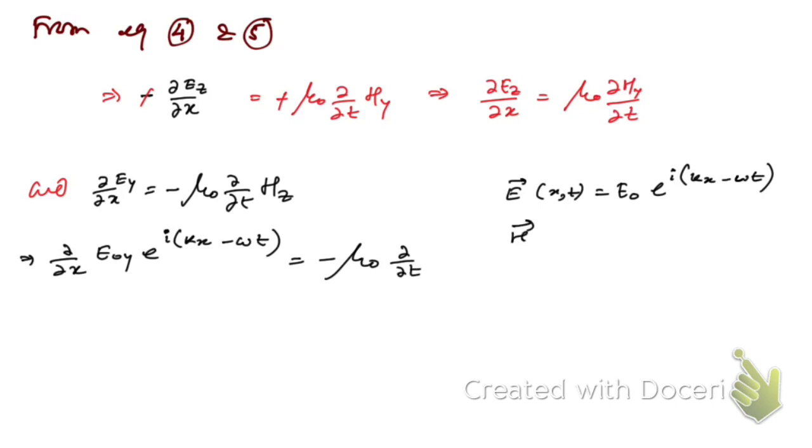Similarly we have H(x,t) = H₀ e^{i(kx − ωt)}, right?